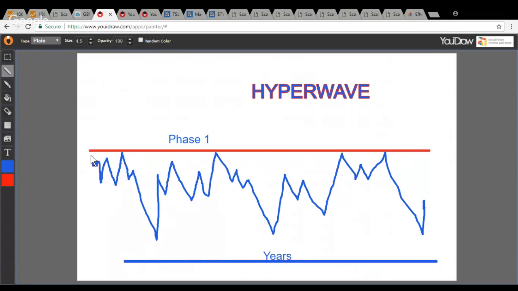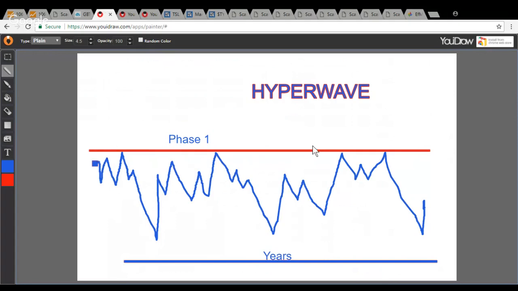Okay, so all phase one is a horizontal line in which the price cannot get above it for whatever reason. It comes up and hits it, and it's repelled. And it tries again, doesn't make it, hits it, and is repelled repeatedly, over and over. I've used examples of 1908 to 1922 for the Dow Jones Industrial Average.